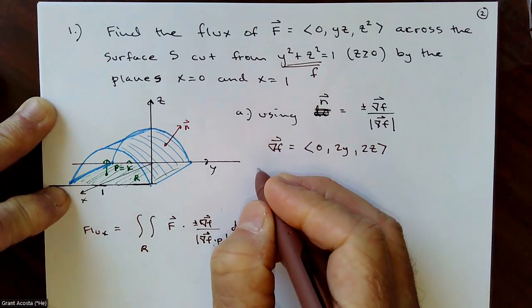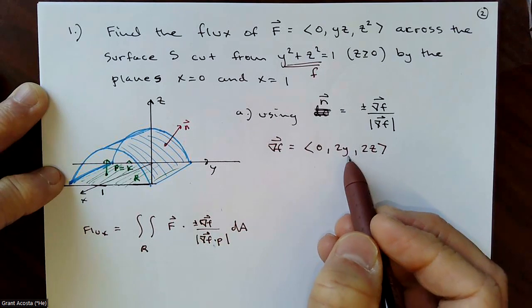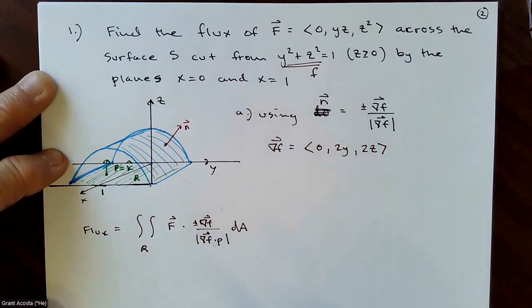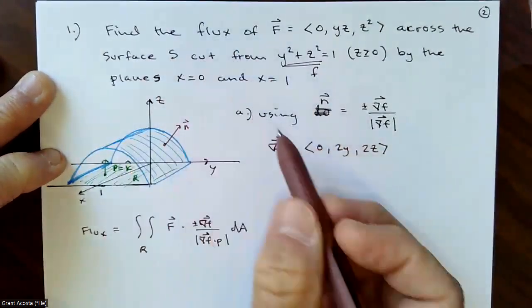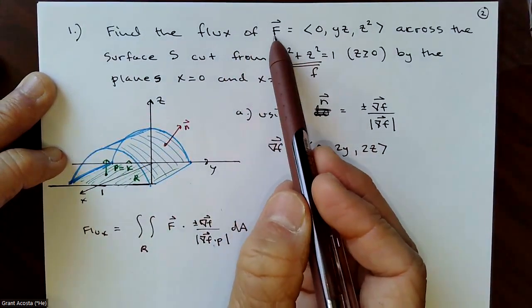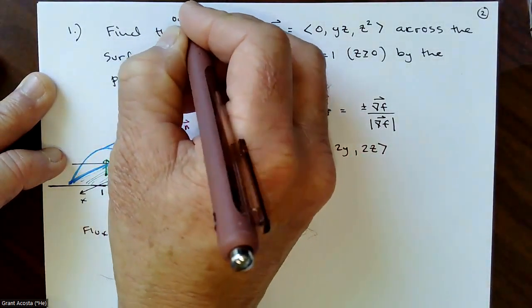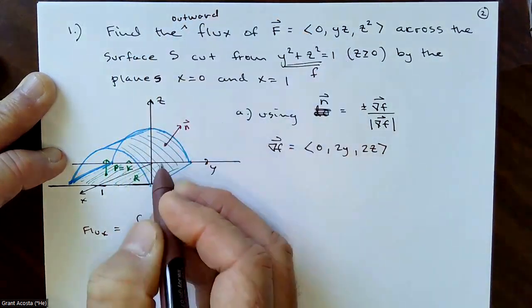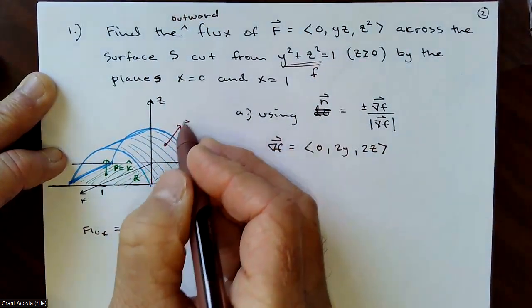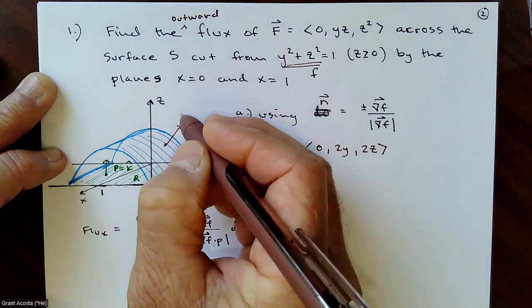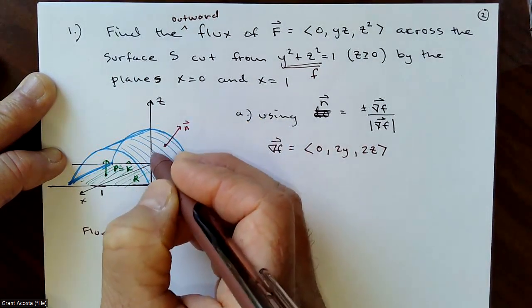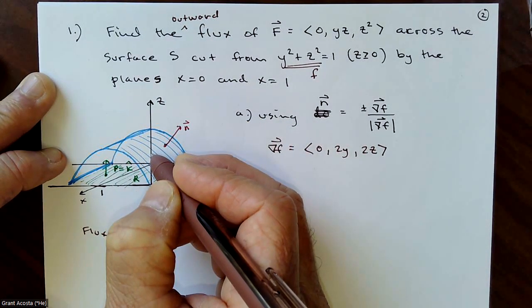The next thing I'd want to find, and the other thing too, is when we calculate flux, it didn't really indicate which direction. It said this field across this boundary. So I'm going to add here outward flux. Outward would sort of imply away from the origin, because you could talk about how much of the field is crossing this way over the boundary.